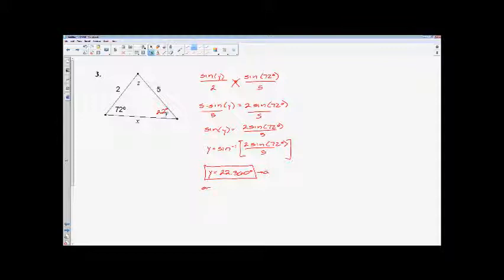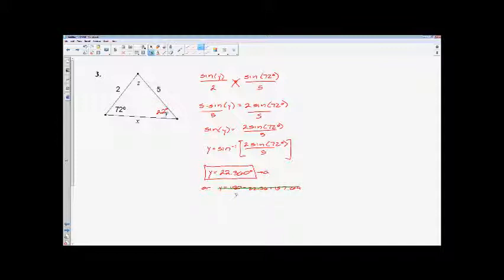I get 22.360, or y could be 180 degrees minus the answer you just got. I would punch that in the calculator, 180 minus a, and I get 157.64. And 157 definitely will not work because 157 is bigger than 72, and for y, I have to get an answer that's smaller than 72.